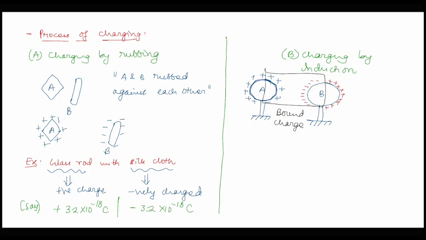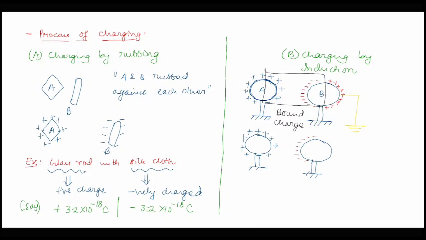And if we manage to earth the farther end, then the charge will vanish and the system will look like this. A will still have the same magnitude of positive charge, and B will have a negative charge on one face and zero charge on the other face.